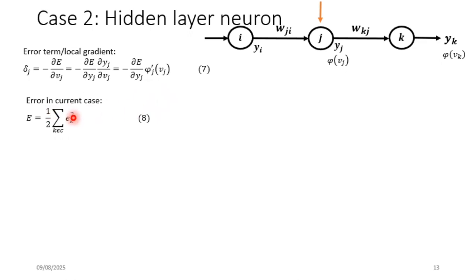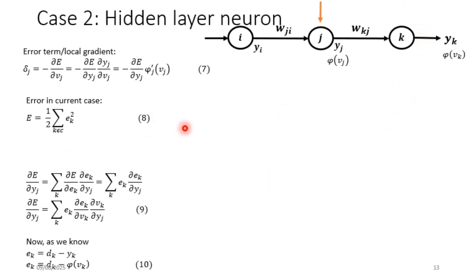In the current case, error is given as 1 by 2 summation of ek, which is computed at the output layer, and k belongs to c, where c is the number of neurons in the output layer, right? Now this term, partial derivative of e with respect to yj, can be written as summation over k of partial derivative of e with respect to ek, and then derivative of ek with respect to yj.